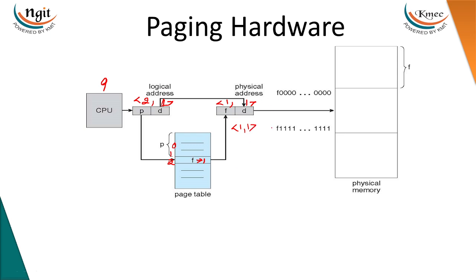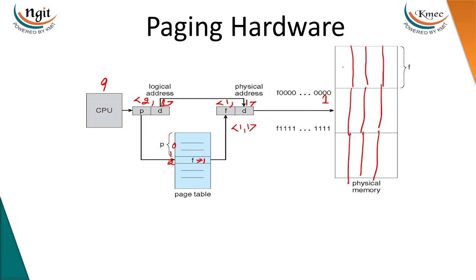It will go to the main memory, the physical memory, and find the exact byte location. This will be frame number 1. Each frame is divided into 4 bytes. Now you need to count it.